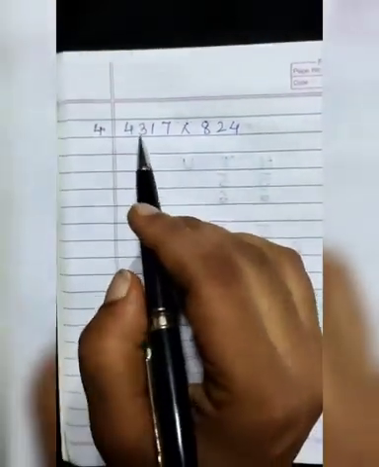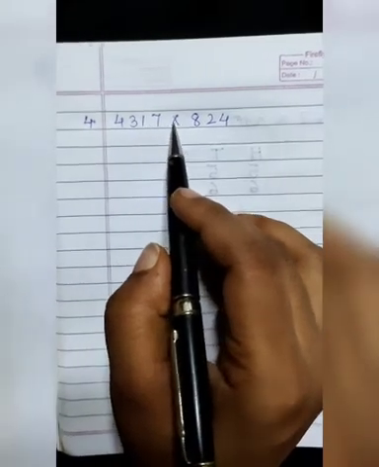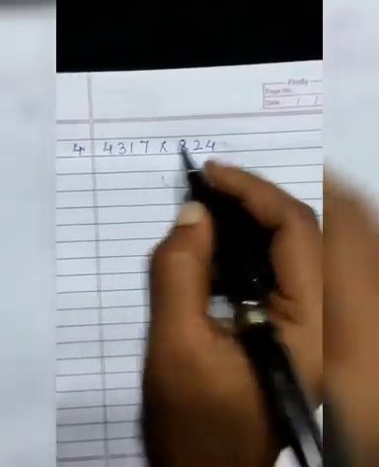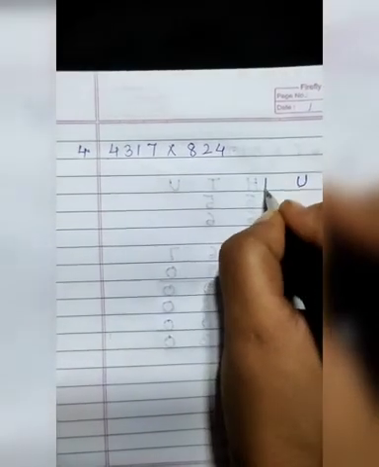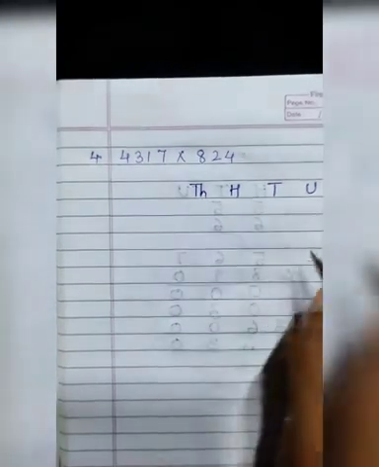So now we are going to do the next sum. Take a new page and copy the fourth sum, that is 4,317 multiplied by 825. As this is a 4-digit number, so we will write the place values from unit, tens, hundred and thousand.